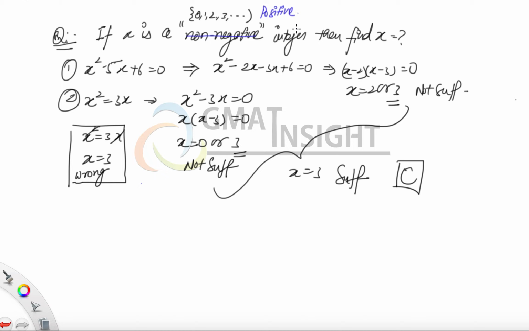Then we should understand that had x been positive, then 0 could have been eliminated based on the definition of x, and the second statement alone would have been sufficient, and in that case it could have resulted in the answer option B. So with this example, I also want to emphasize the importance of the terms used in the question. It's very important that we pay attention to the term, we understand the term before we actually mark our answer. The moment the term changes, the answers also have potential to change. So please be careful about it, and that is why I call it a tricky question.